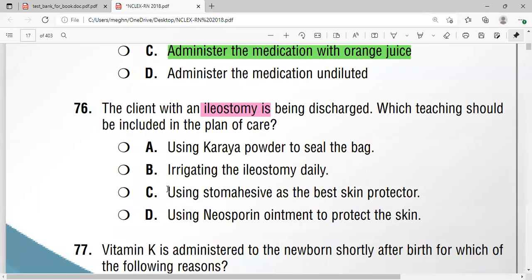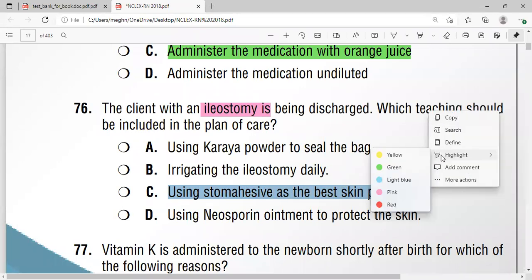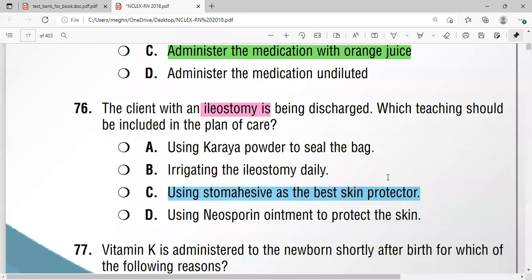The correct answer is number C, using the best skin protector, right? The best protector for the client with an ileostomy to use is a stoma adhesive. Answer A is not correct because the bag will not seal if the client uses the powder.